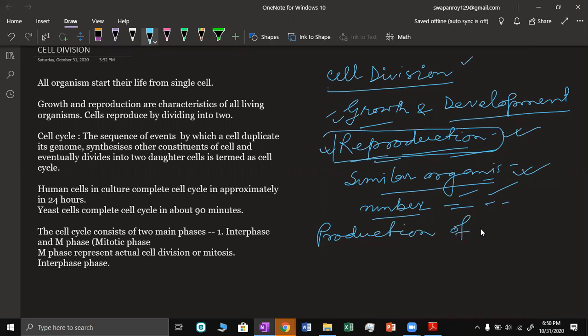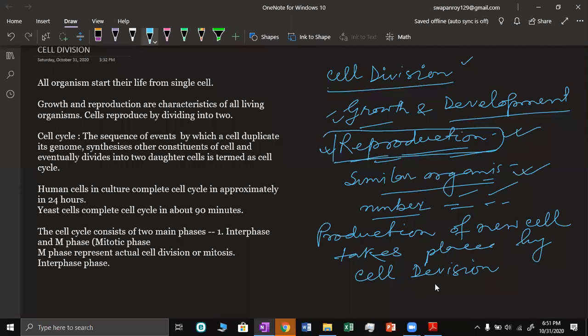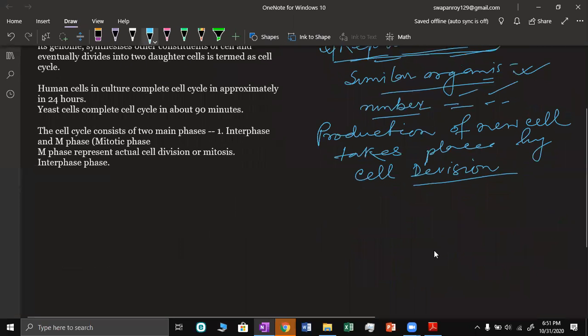Production of new cells takes place by cell division. So producing new cells is also reproduction of the cell, meaning cell reproduction.